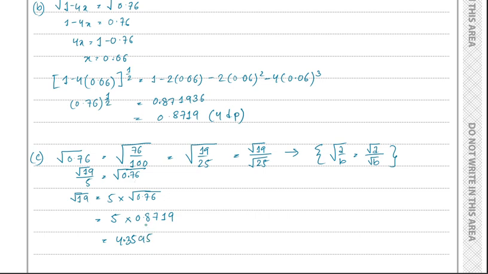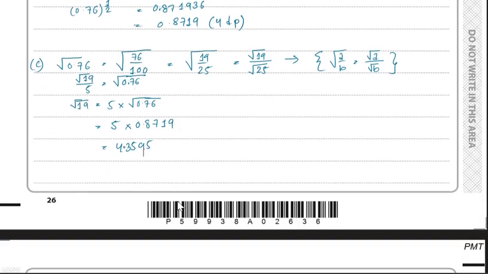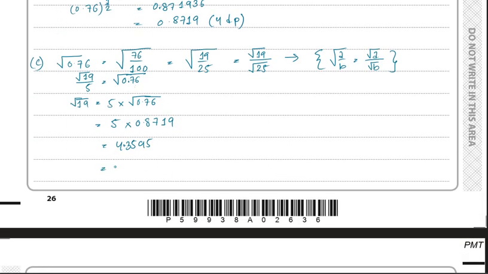And we are asked to give the answer to 3 decimal places. There is a 9 and there is a 5. So the 9, the next number is 5, so it rounds up.